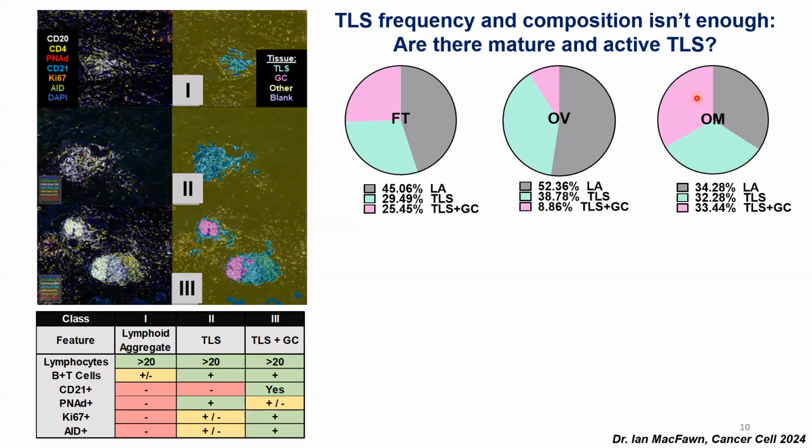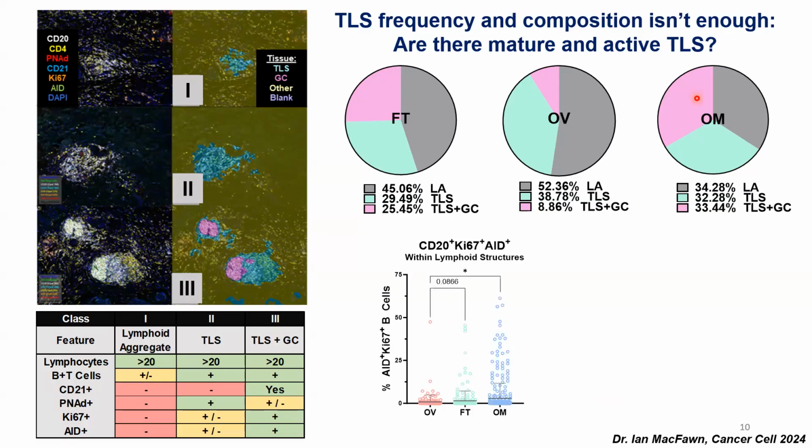And when we look at the readout functionally for this, what we see is that if we don't even consider the germinal center, B cells within ovarian cancer TLS are less active than in the fallopian tube, and then the omental goes next. And so this is by those metrics of AID and Ki67, so proliferating cells that are also potentially going through that somatic hypermutation process.